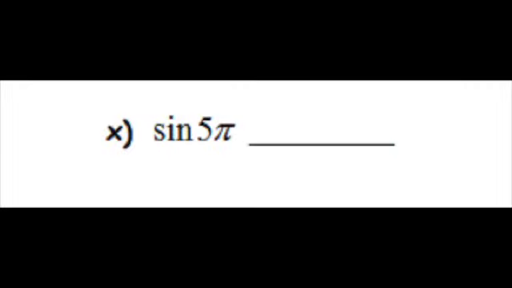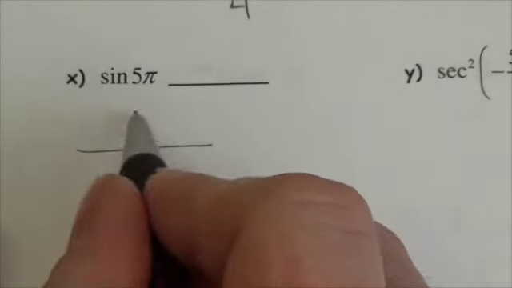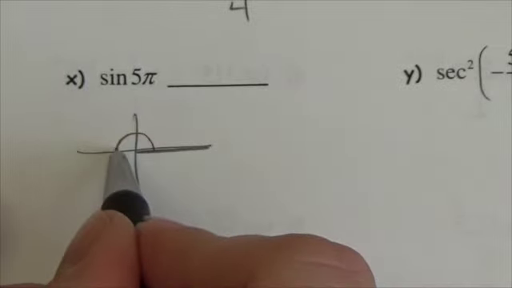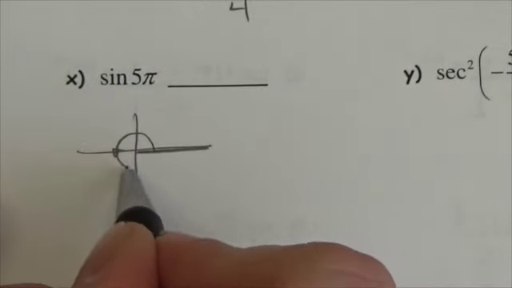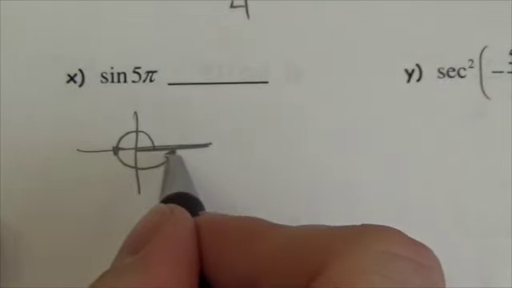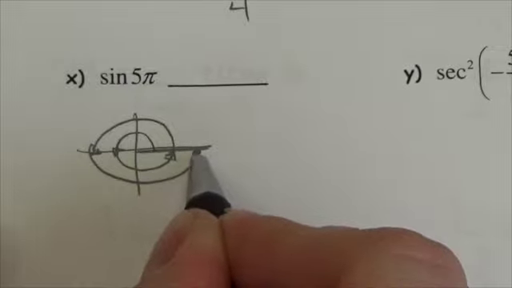The sine of 5 pi. That 5 pi there, that's an interesting angle. Let's just talk about this for a second. Here's 0. Pi, all on its own, is over here. This is pi. This is 2 pi. Now, just keep following that pattern. This is 3 pi. This is 4 pi.